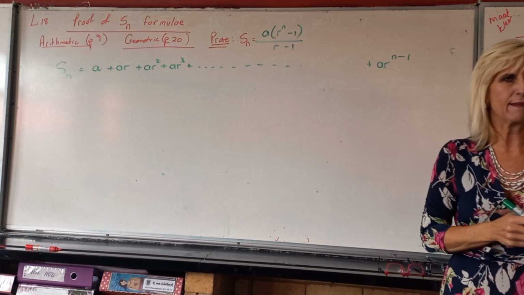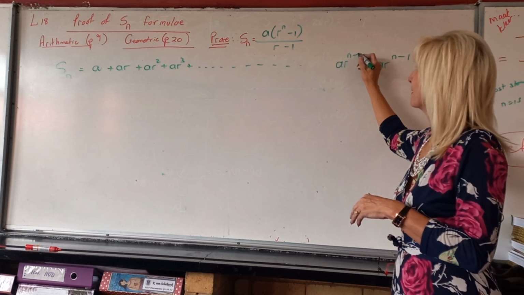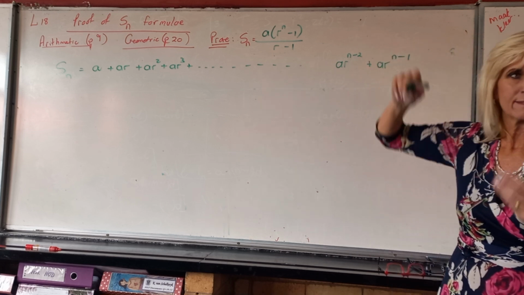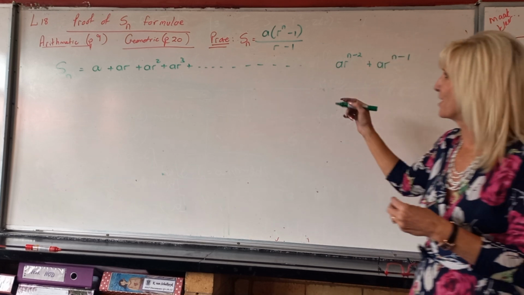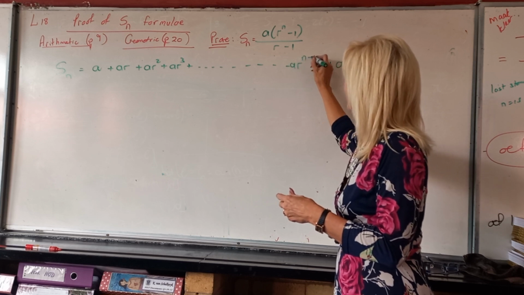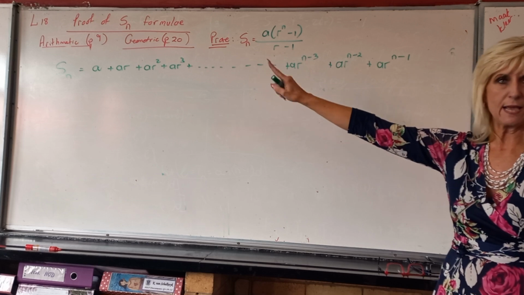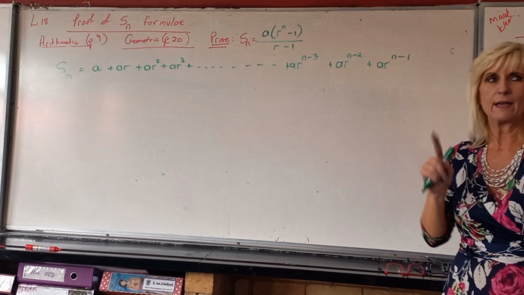How would I get there? AR to the n, one less. And the lesser one would be? And we're adding them together because that's what Sn means. Add all of these terms together.